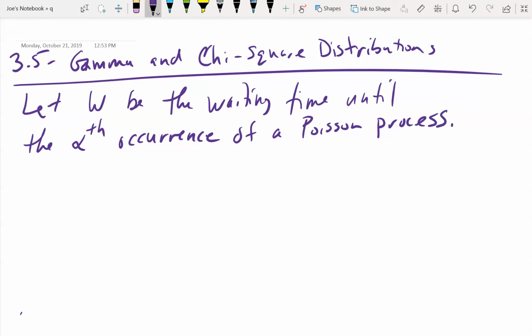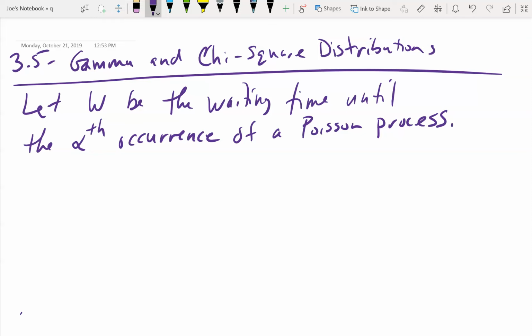Remember, the Poisson process says that we have these things arriving, if you will, at random times. Two can't happen at the same time. That's what we mean by the Poisson process. What W is doing is measuring the time until not necessarily the first one occurs. The first one occurring was exponential, right? Waiting time until the first thing occurs.